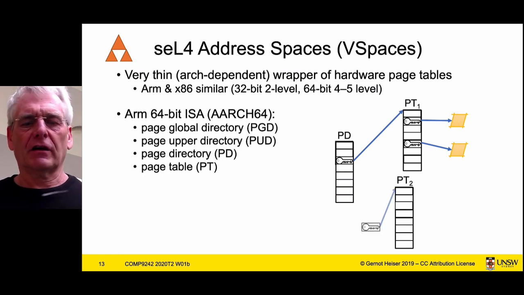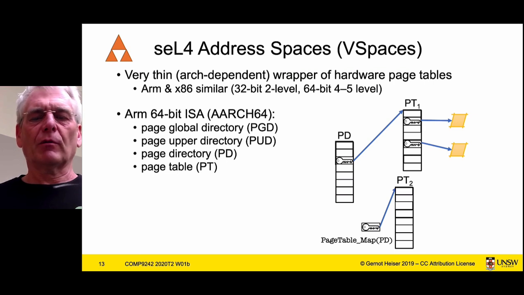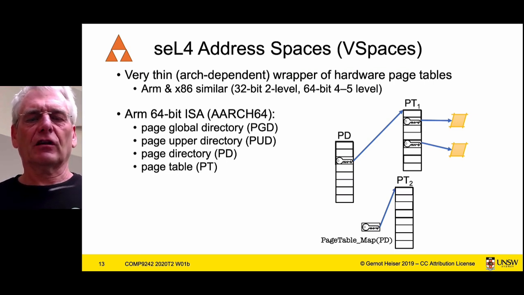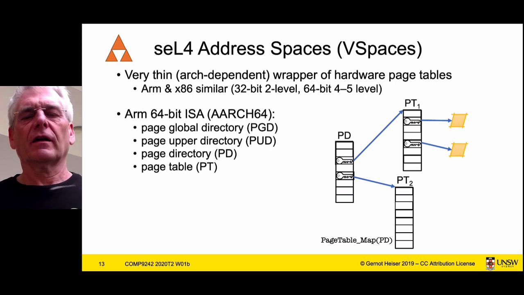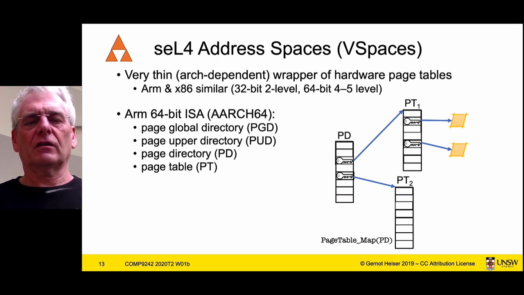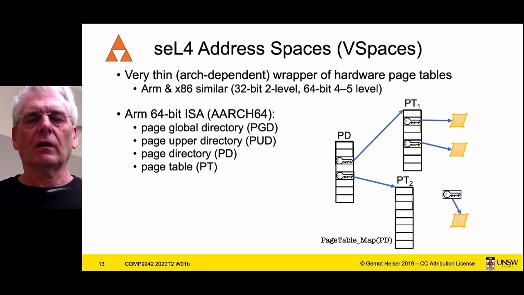And if we have another page table which we want to map into this page directory, then we do a page table map operation specifying the page directory as the destination, and obviously we need to give a specific slot there, and then it will insert this capability in the page directory, and we have now the secondary page table mapped into the page directory.